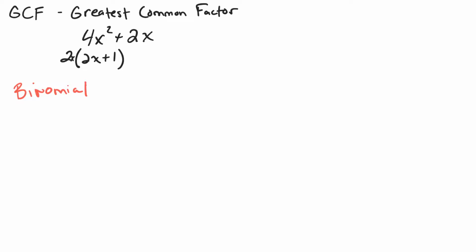So your first one is going to be a difference of squares. So if you have a binomial and your first term is a square and your second term is a square and it's a difference, then that's going to factor into (a plus b)(a minus b), where the a terms there are the square root of the first one and the b terms are the square root of the second one.